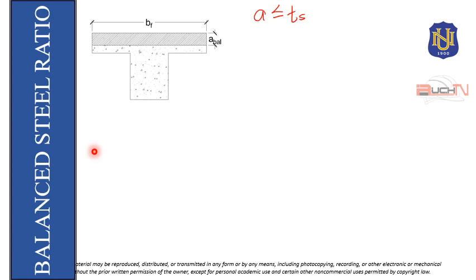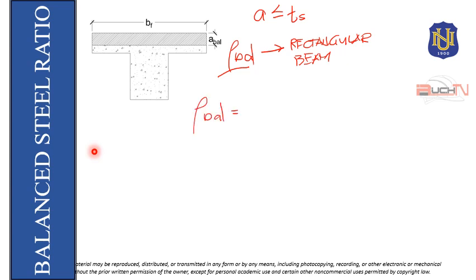So, ibig sabihin, ang balance steel ratio pa rin nito will be the same as dun sa pagkuha natin ng balance steel ratio for a rectangular beam. So, bali parang ang lalabas na yung rho balance is yung kagaya ng dinederive natin for a rectangular beam. Parang yung sa singly reinforced beam lang.